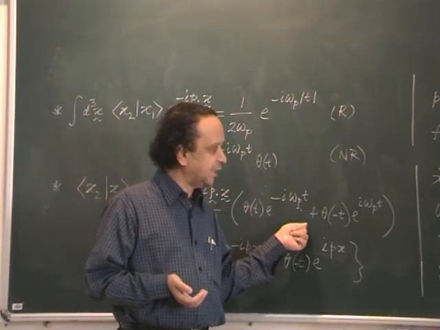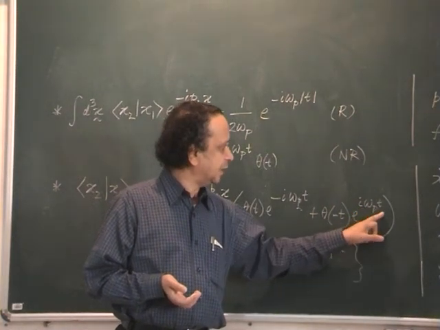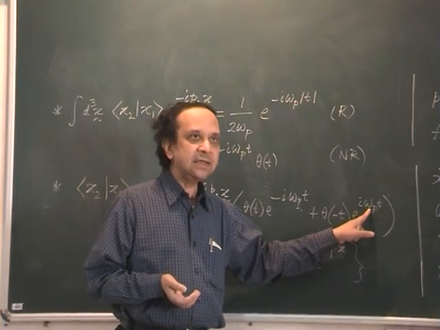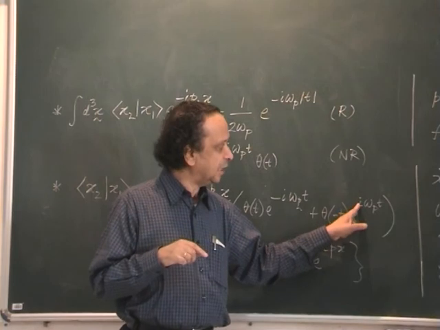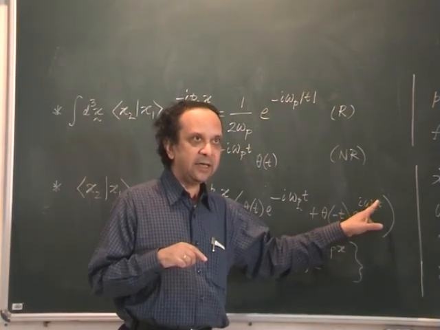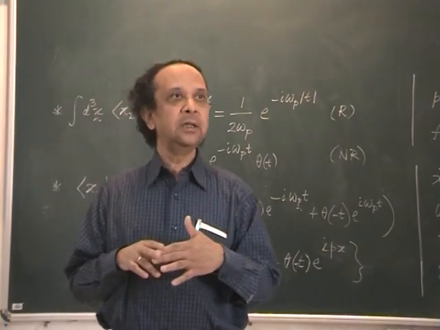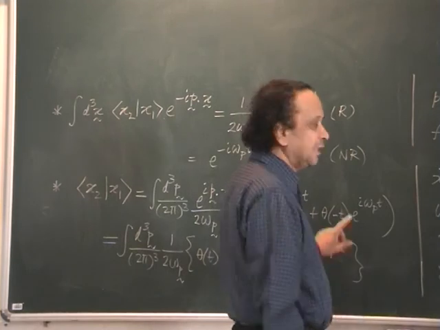What it tells you is that there is another piece. Okay? The other piece has exactly the opposite sign in the phase. So I can think of this as minus of omega p with an extra minus sign. That is, put a minus sign here and write minus omega p. So this is like a negative energy mode which is propagated, and that kicks in only when t is negative.